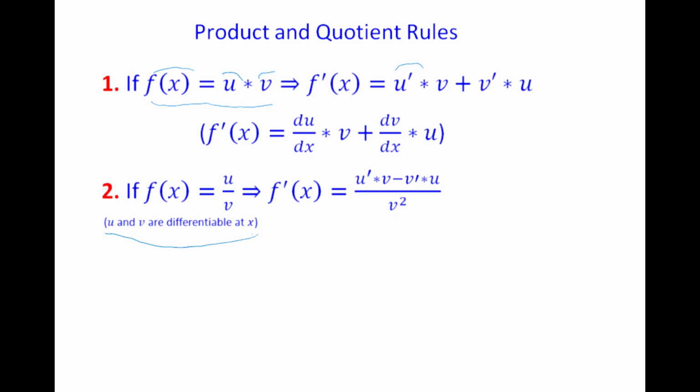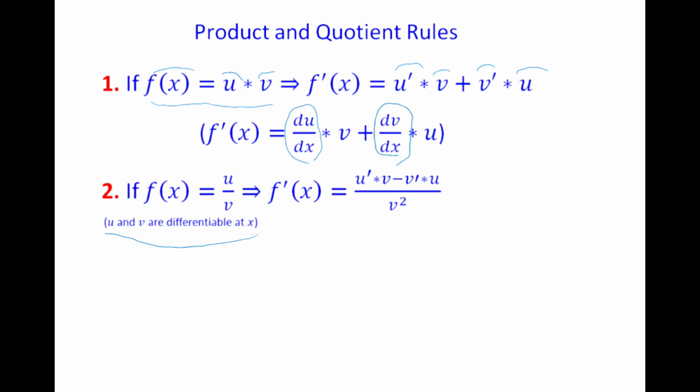So the derivative of the first term times the second term plus the derivative of the second term times the first term. Derivative of the first term, u prime, also can be written as du divided by dx. And similarly, the derivative of v can be written as dv divided by dx also.